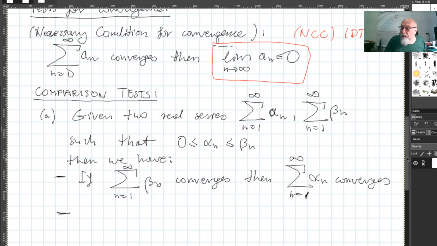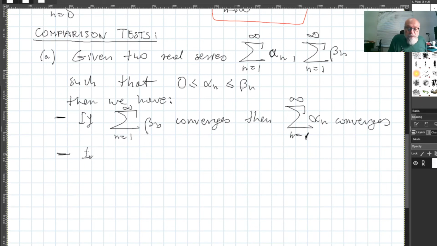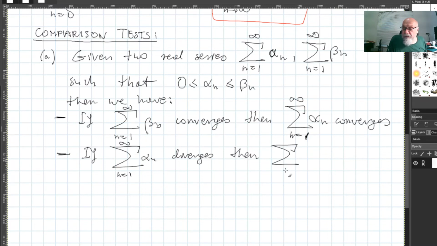And the second statement is that if the series alpha_n diverges, then the series beta_n diverges.